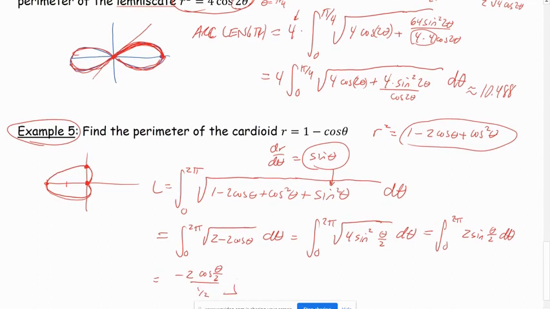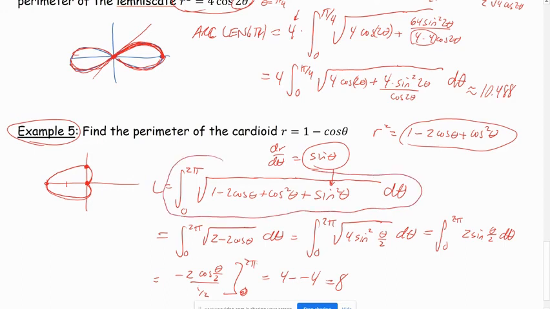It's the antiderivative from 0 to 2 pi, which gives us 4 minus negative 4, which is 8. So the total perimeter of this cardioid is 8 units. If you had typed it all in your calculator from this first step, you should get the same answer. You should get 8 on your calculator.